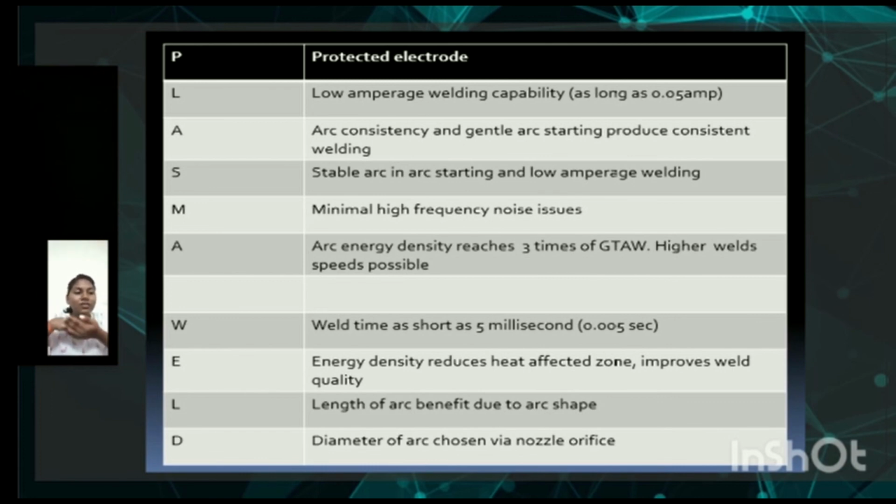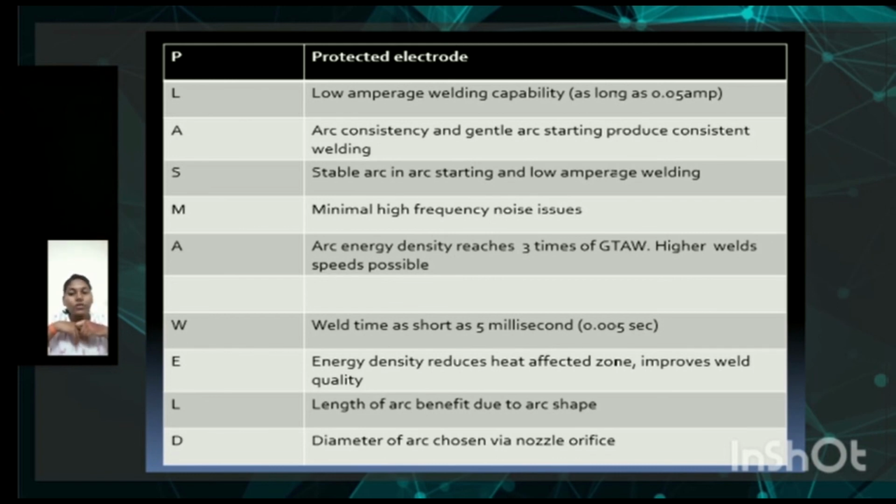So what is 3 times of GTAW? What does GTAW mean? Gas tungsten arc welding, which uses a non-consumable tungsten electrode to produce the weld. Next is weld. W stands for weld time as short as 5 milliseconds, which is 0.005 second.